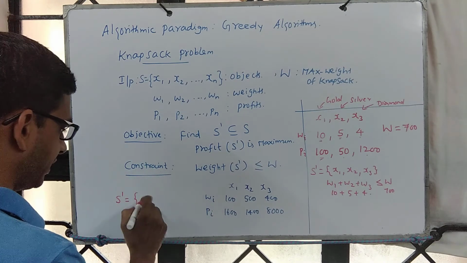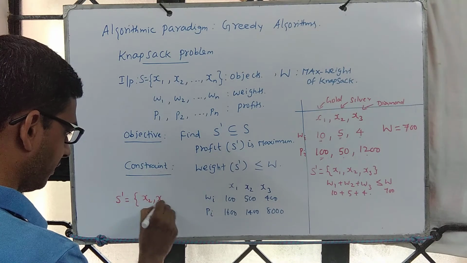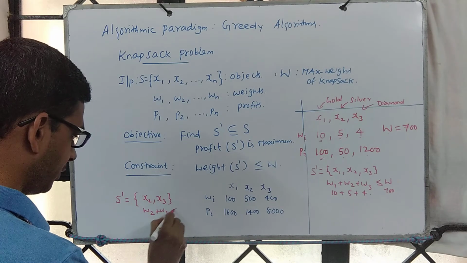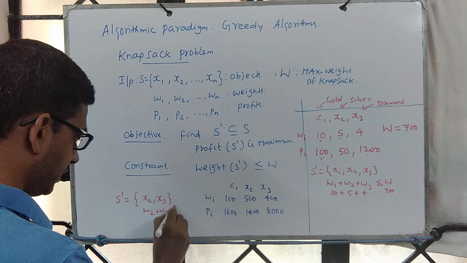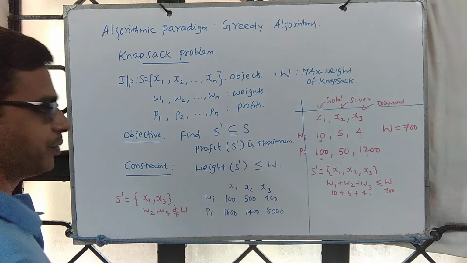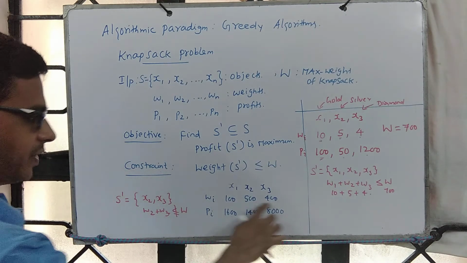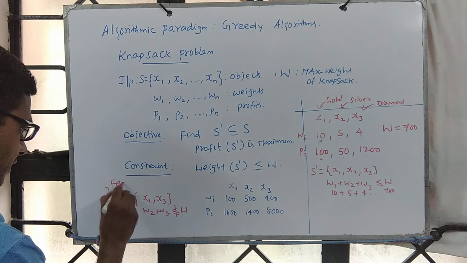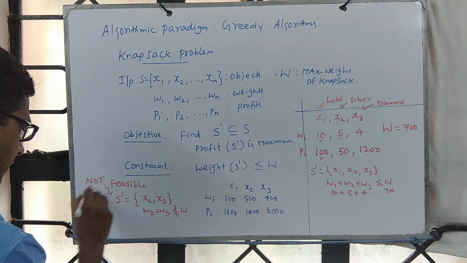If I choose x2 and x3, it is not feasible. When I say it is not feasible, W2 plus W3 is not less than or equal to W. Correct? The weight if you add, it exceeds this. So this one is not feasible. Feasible means it should satisfy the given requirement.